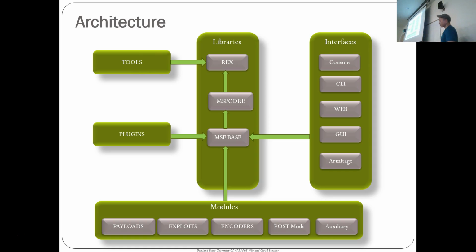This is the architecture of Metasploit. On the right is what you get, which is your interface, the CLI. There's a web interface, a GUI, and then you have the core, which has access to libraries. And then what people can do is write a whole bunch of modules that allow you to extend Metasploit.